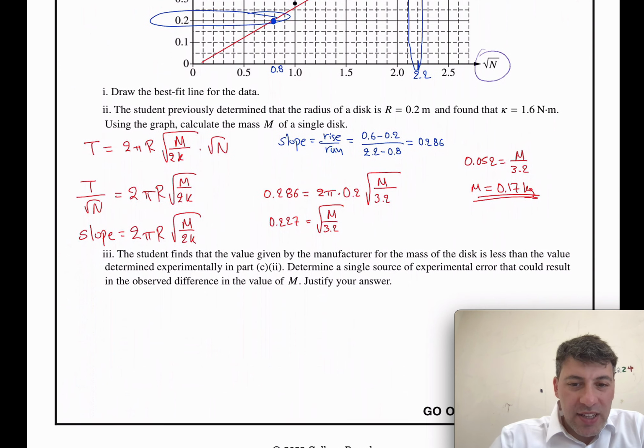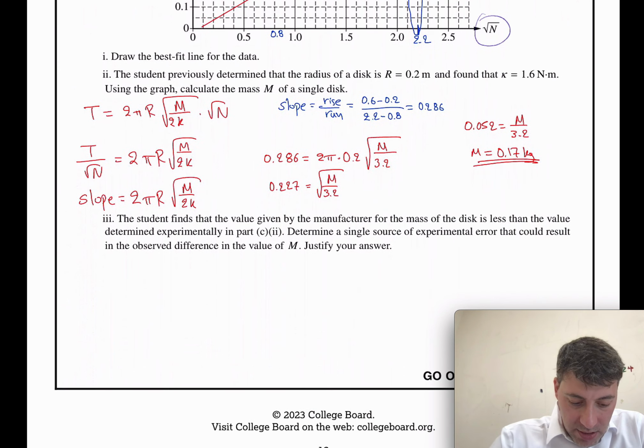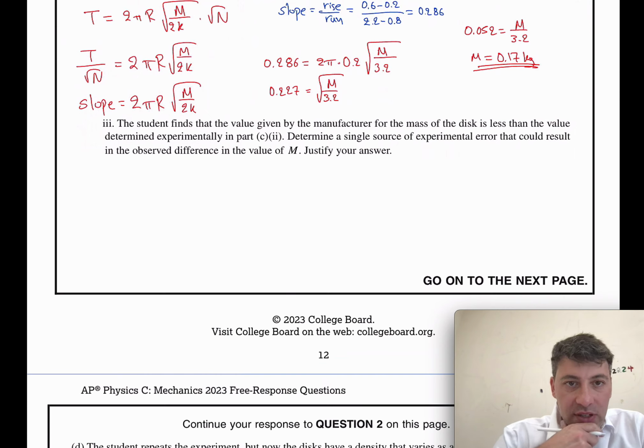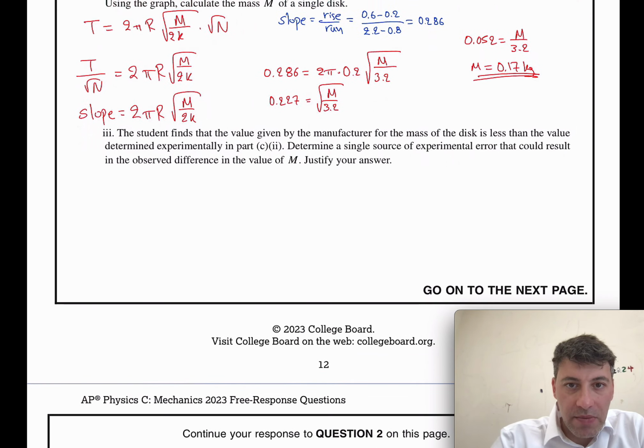Now we go to the theoretical part of this question, which is that the student finds that the value given by the manufacturer of the disc is less than what we have found. Determine a source of experimental error. So the real value of the mass is less than what we have found.